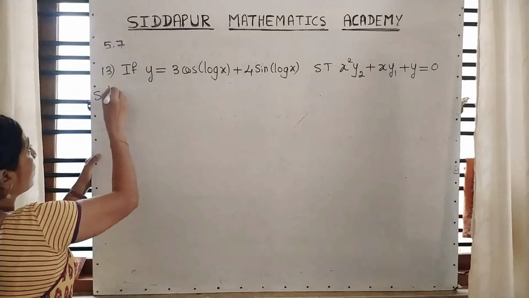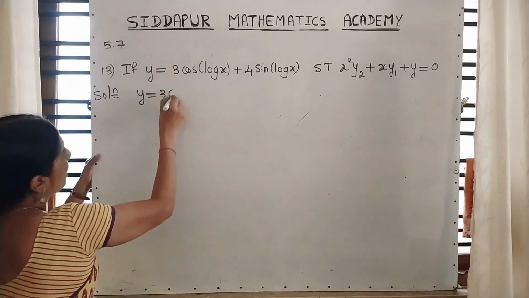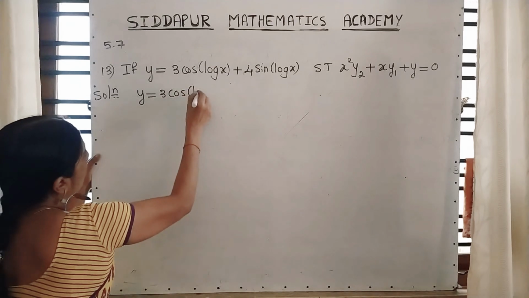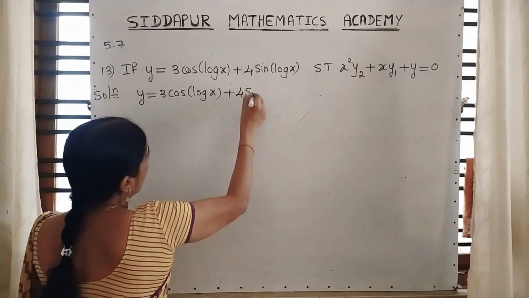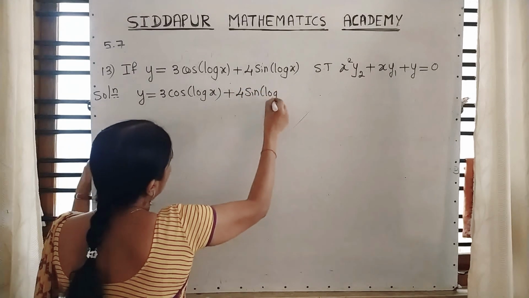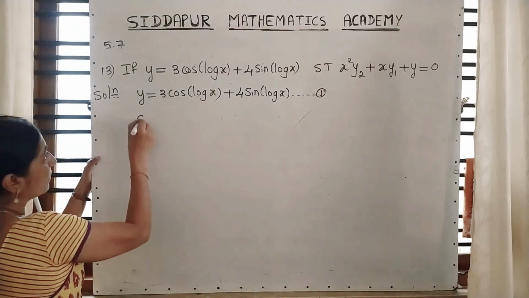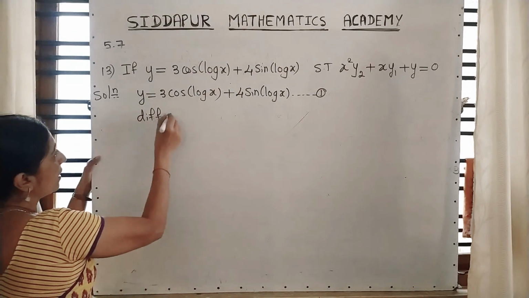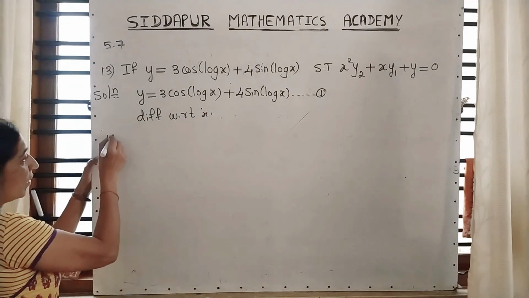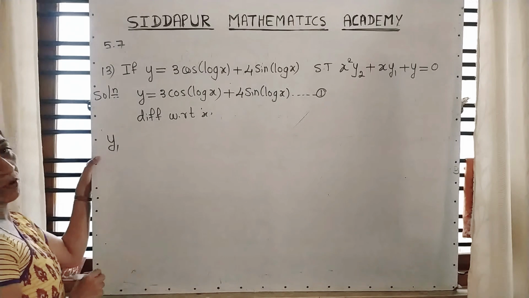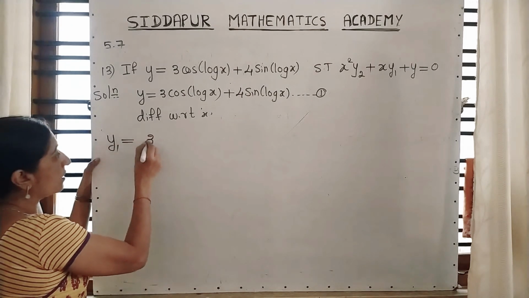When you start with the solution, first write down the given problem as it is. Y is equal to 3 cos log x plus 4 sin log x, and let us call this as equation 1. Differentiating with respect to x. Differentiation of y will be denoted by dy upon dx or y1 is equal to 3 as it is.